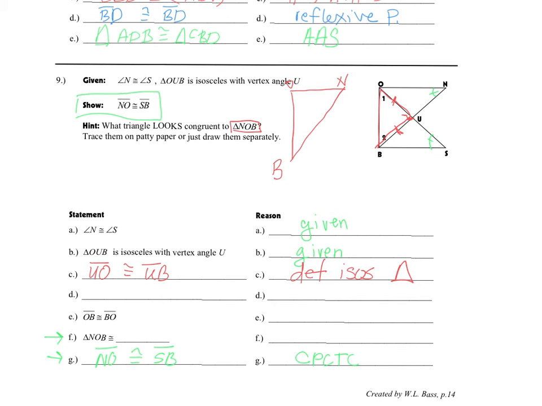If we look at the hint here, what triangle looks congruent to triangle NOB? If we look at that, the triangle that looks congruent to that, or the triangle that looks to have the same shape and size, would be the triangle that is triangle OBS.